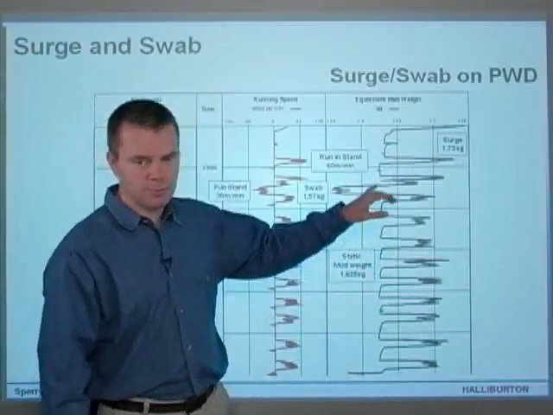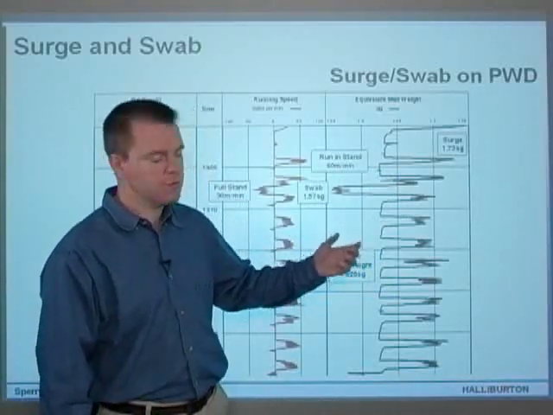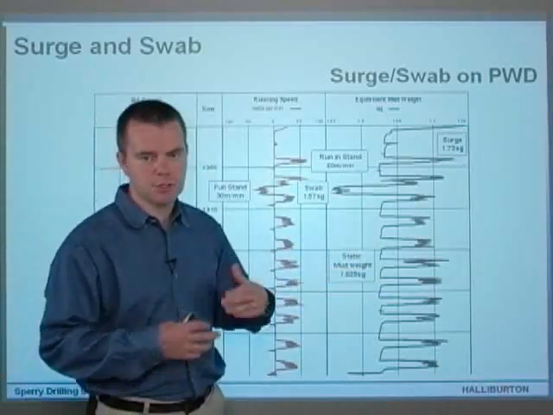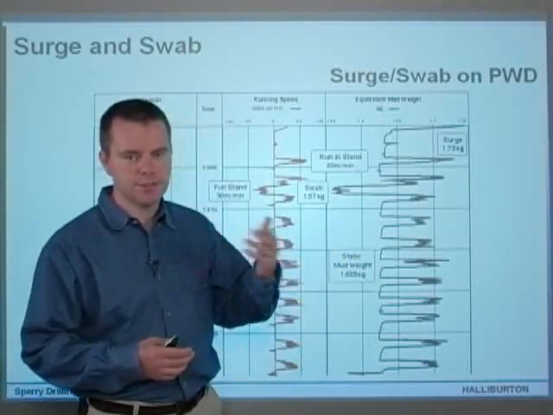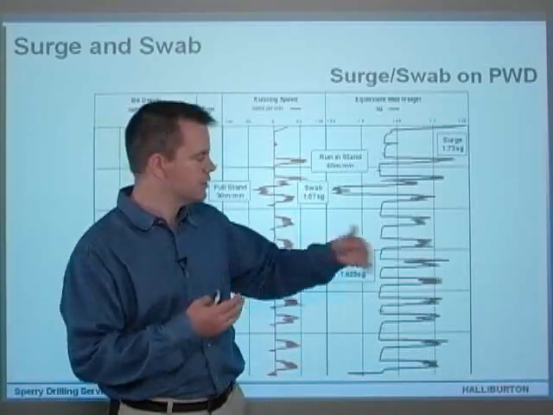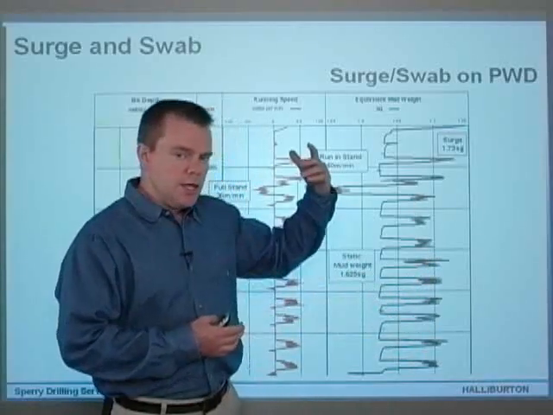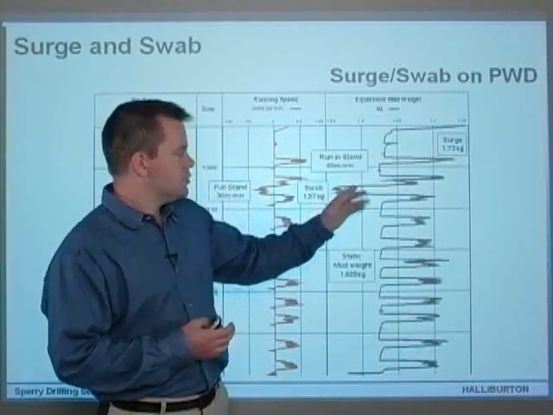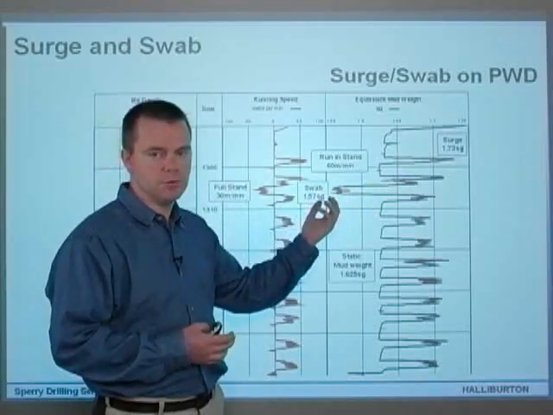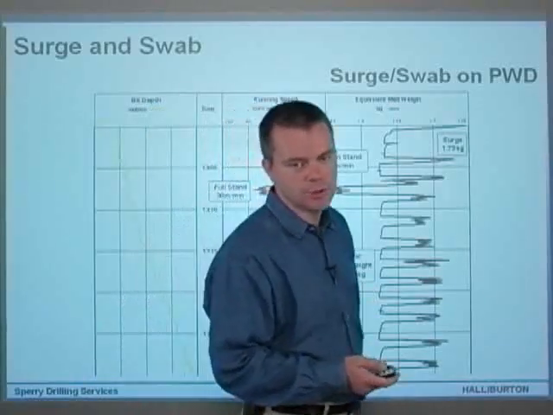The model won't always be perfect, but if we can confirm our modeling software with the PWD measurements, then we can model for future trips and tell them how fast they can pull, how fast they can run in, and so on, without fracturing the formation, exceeding the fracture gradient with some of these swabs, such surges, and without inducing a kick by swabbing too greatly, so you become below the pore pressure, allowing some gas or some oil or whatever to come into the wellbore.